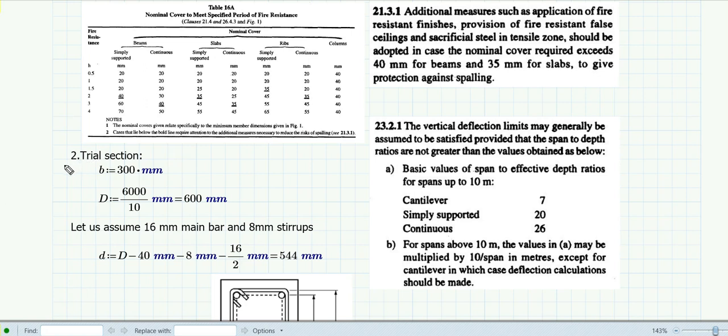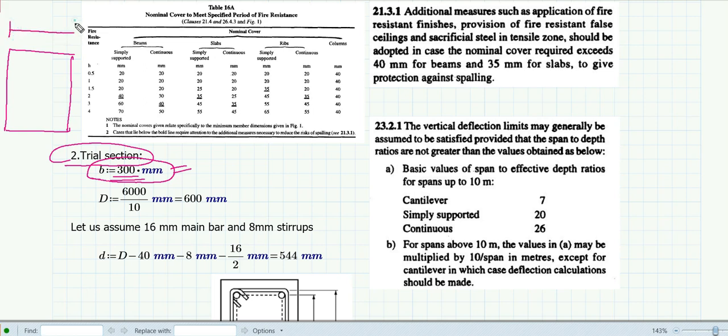That is why you can see trial section. The next step is the trial section. So for that, let us assume the width b is 300 mm. Suppose this is the beam, the width is 300 mm.